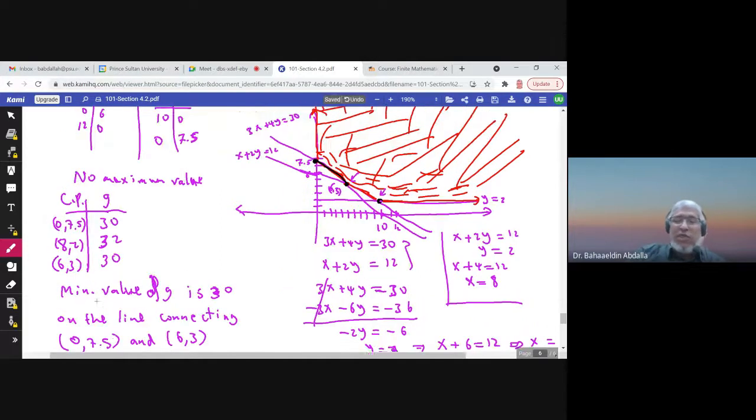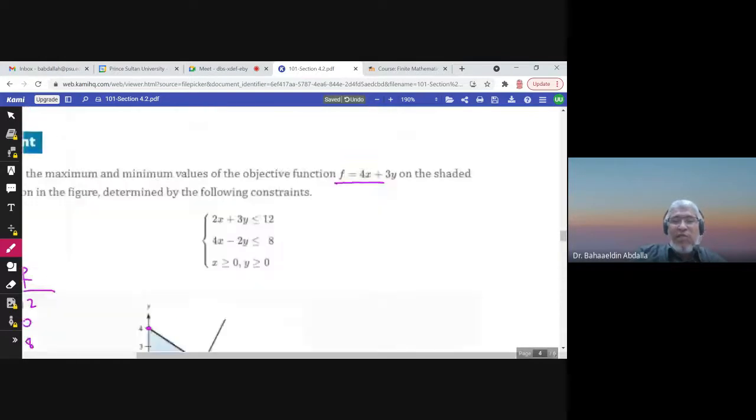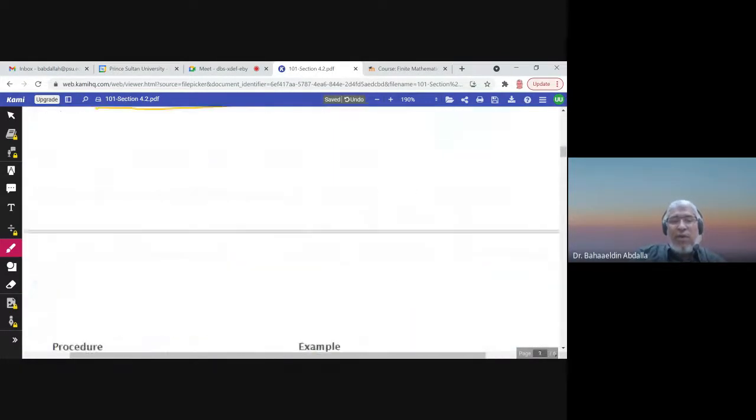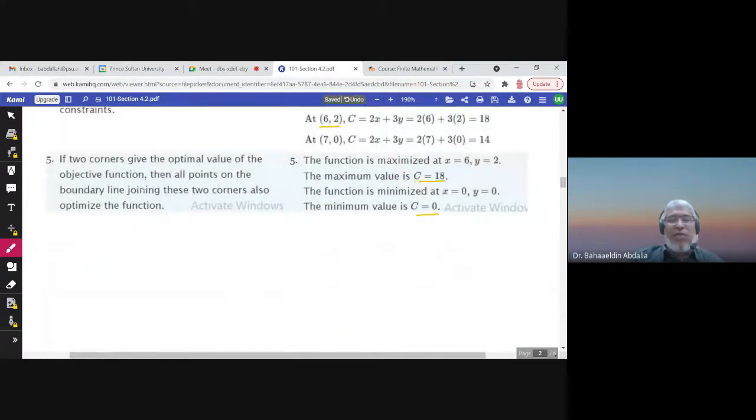So this is what he meant in the beginning of the section when he said, if two corners give the optimal value, then all points on the boundary line joining these two corners also optimize the function. That's the end of this section.